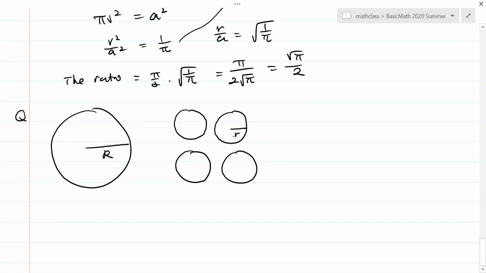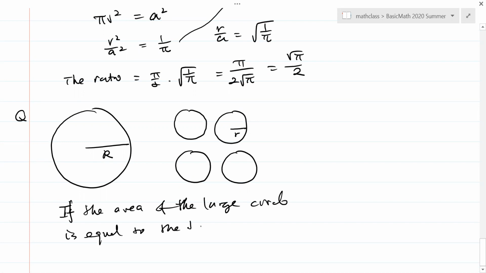Then you want to see how small the radius of the small circle is. So the area of the larger circle is equal to the total area of 4 identical small circles.